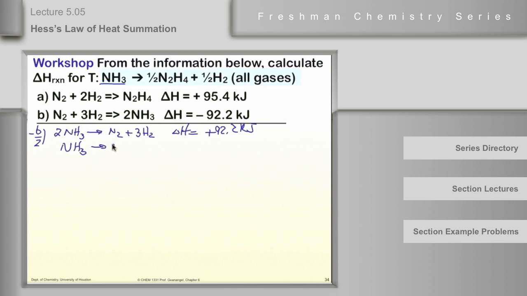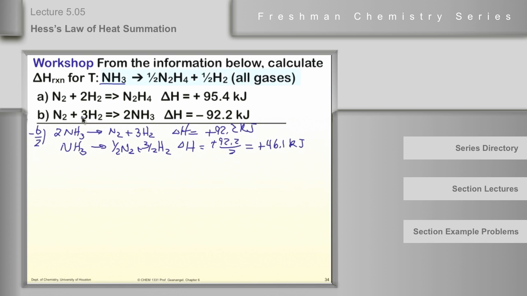Ammonia goes to 1/2 N2 plus 3/2 H2, and the delta H for that is plus 92.2 over 2, which is 46.1 kilojoules. Okay, so this is minus B over 2.